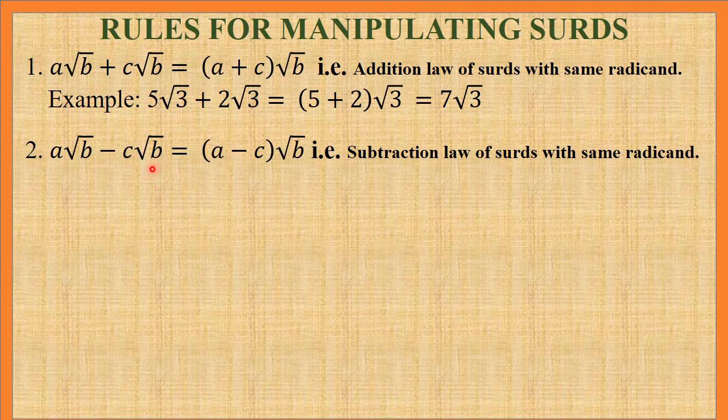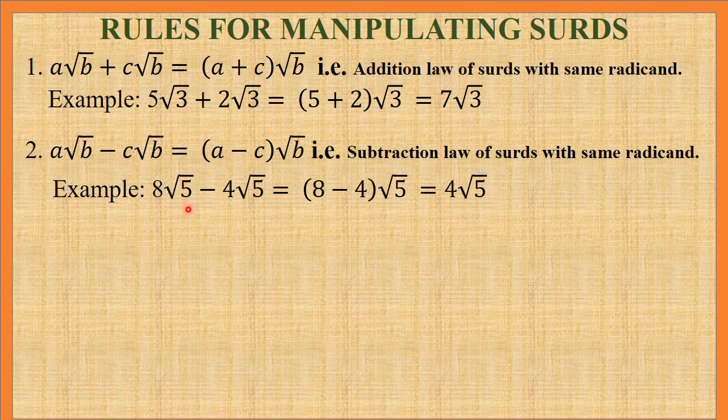You should make sure that we have the same radicand. Then you just subtract the outside terms. So for example, if we have 8 root of 5 minus 4 root of 5, this will now be 8 minus 4 root of 5. That gives us 4 root of 5 when you simplify.